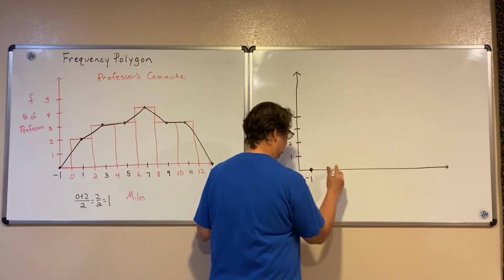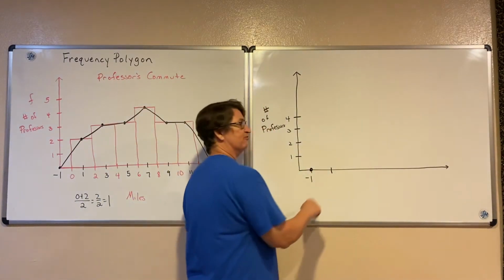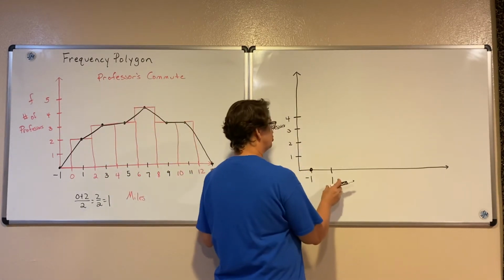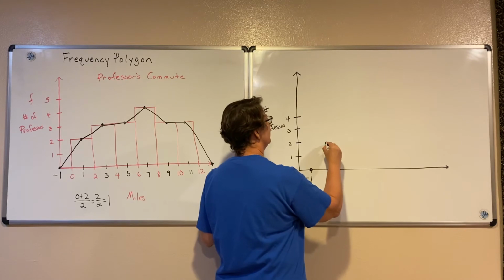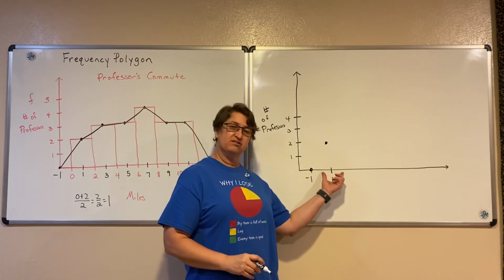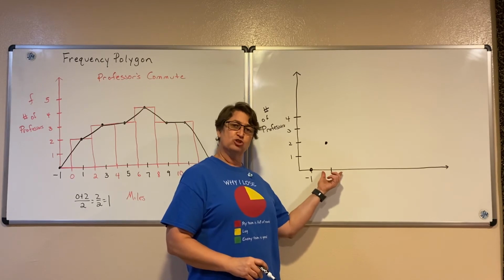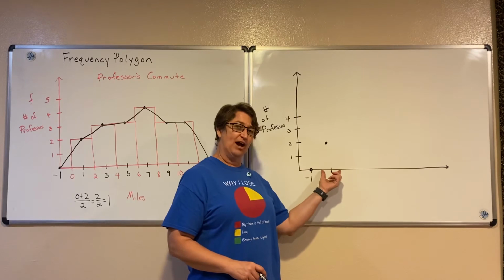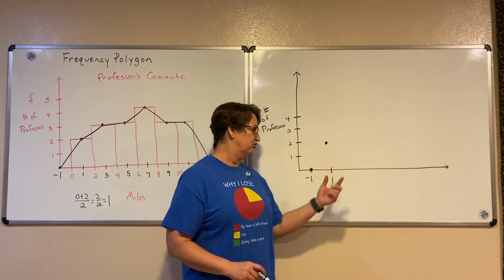Then I'm counting over. The midpoint of my first class is 1, and there are 2 data values in that class. So this 1 represents from 0 to 2. This 2 shows that there are 2 data values between 0 and 2.